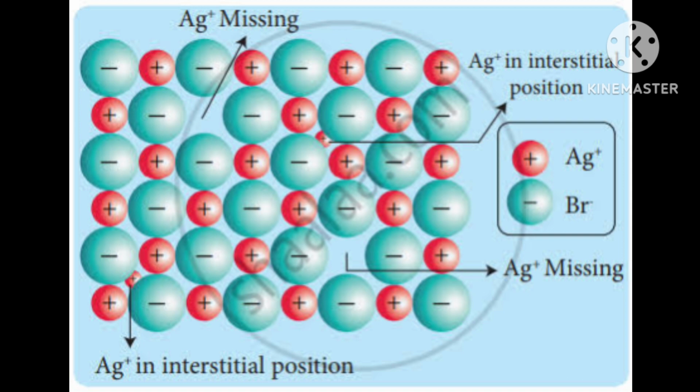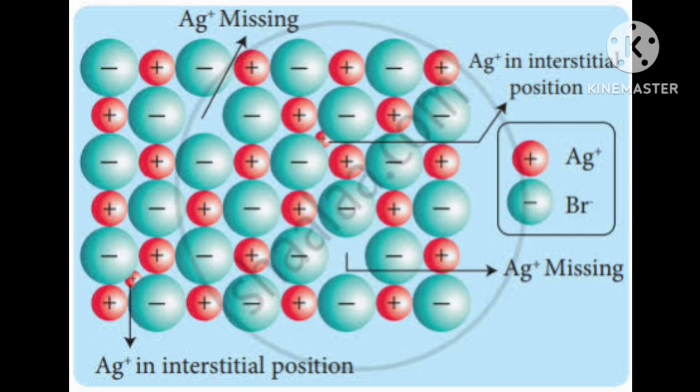Out of 10 to the power 22 ions, 10 to the power 6 are defects. 22 minus 6 is 16. So there is one Schottky defect for every 10 to the power 16 ions.